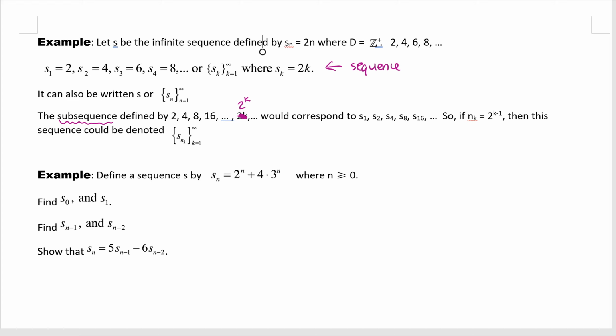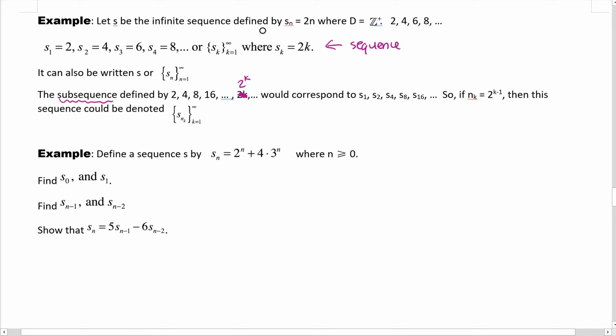So here, if n_k equals 2 to the k minus 1, then this subsequence can be denoted S_nk, where k goes from 1 to infinity. That is the notation of sequence and subsequence, and how we change the index of the subsequence to be n_k.